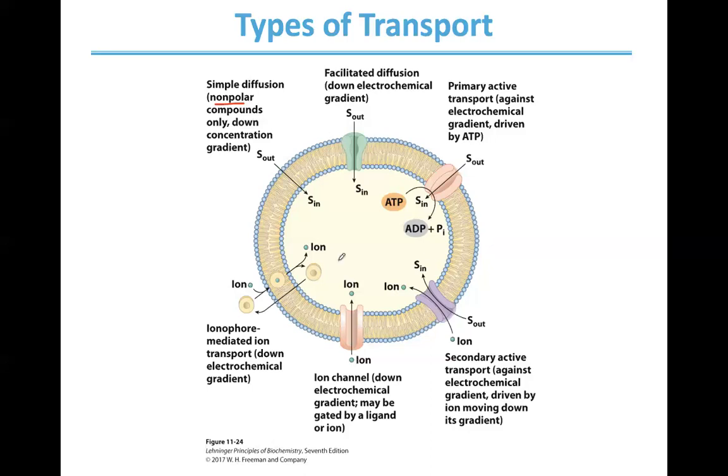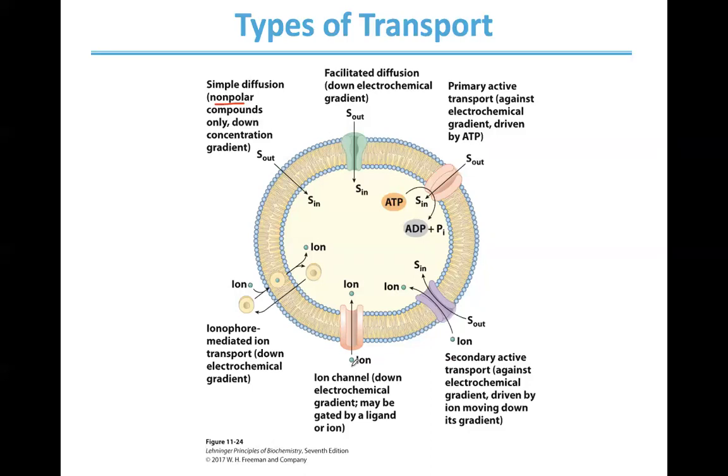Then ions by themselves, right? If it's not primary, it's just facilitated. Ions by themselves can't really cross the cell membrane, so it has to be facilitated transport. It has to be an ion channel, a protein known as an ion channel.